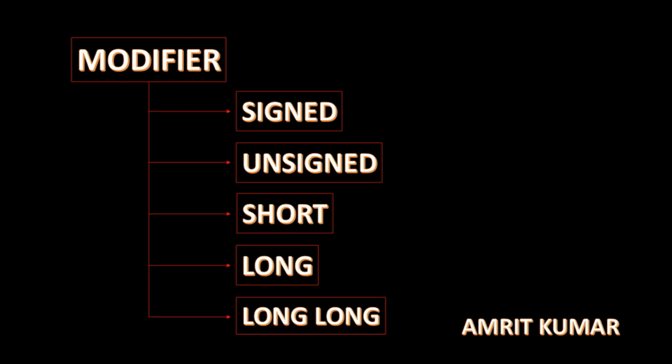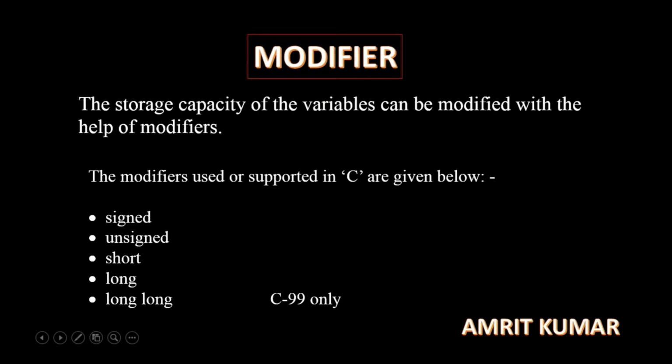When we use signed with a character, and when we use signed with an integer, and when we use unsigned with an integer, and when we use unsigned with a character, its range is going to change in each and every data type. So a modifier is nothing but the storage capacity of the variables that can be modified with the help of the modifiers.